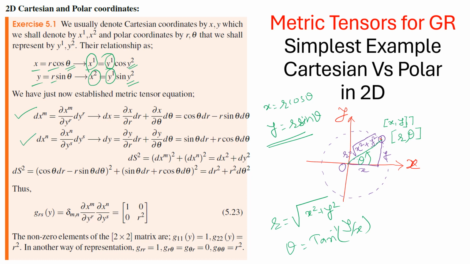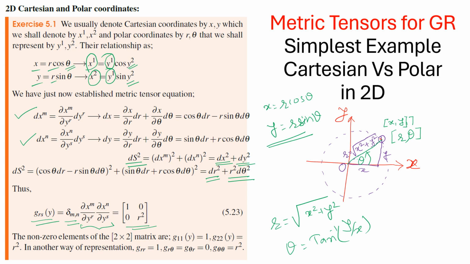Here I am using those transformation objects, and here you can identify ds square, which is equal to dx square plus dy square. This is equal to dr square plus r square d theta square, and this metric tensor object is the Kronecker delta times these partial differentiating objects, which gives rise to the matrix 1 0 0 r square.